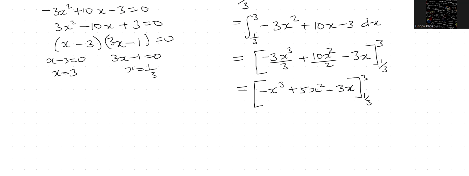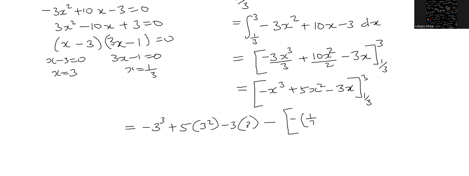We're going to start here at the upper limit. So we have minus 3 cubed plus 5 times 3 squared minus 3 times 3, minus, and then the lower limit, minus 1 over 3 cubed plus 5 times 1 over 3 squared minus 3 times 1 over 3.